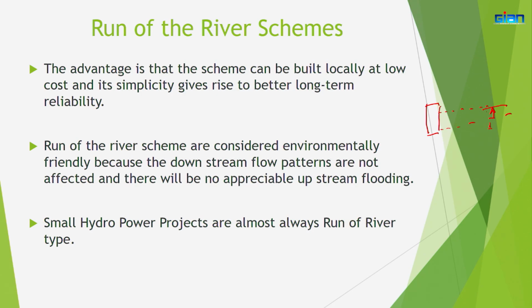So, as I said earlier, small hydropower projects are almost always run-of-river type. I will be using the term small hydropower projects for all the power plants starting from say 5-10 kilowatts up to say 25 megawatts in Indian context.